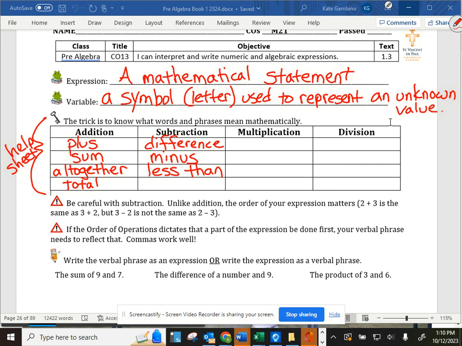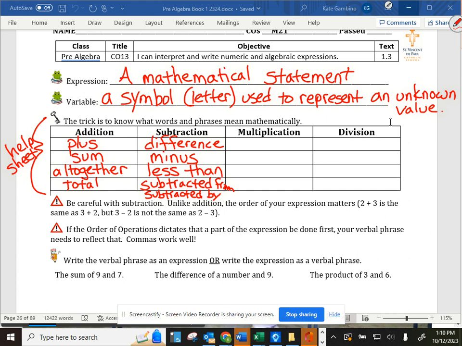And we could say subtracted from, or subtracted by. But we have to really think about how that's being worded.